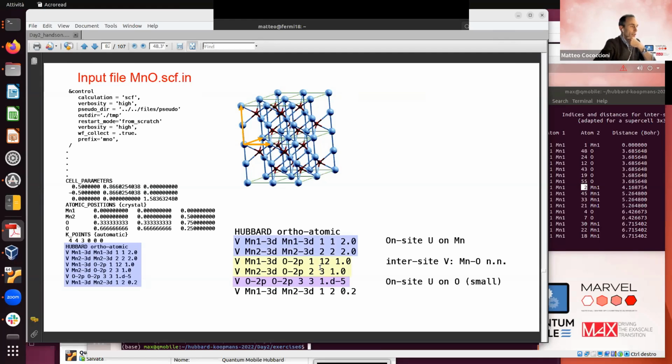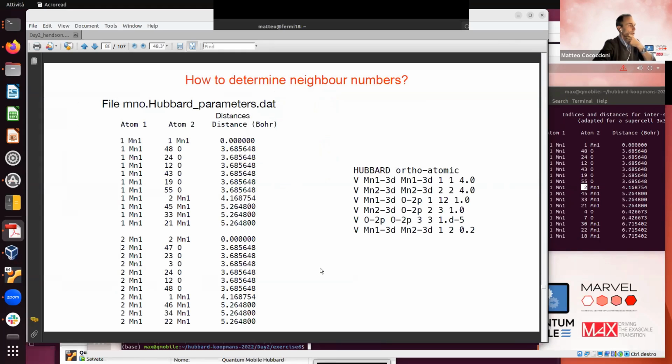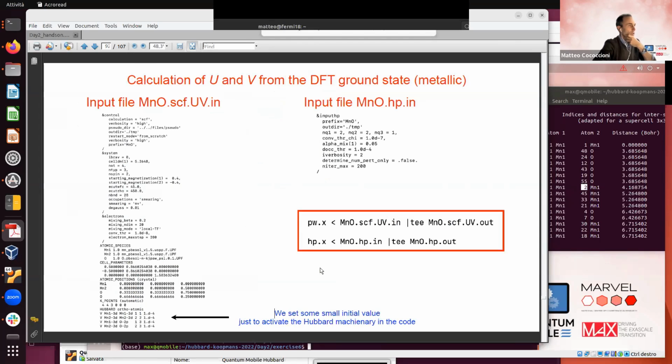And then intersite between manganese and nearest neighbor oxygen, and then between manganese and manganese, that would be next nearest neighbor. Okay. And I just showed how to determine these numbers here. So we can go on. This is already, we've seen something like that. Okay, so we're here, and we have these. We can run now these calculations.